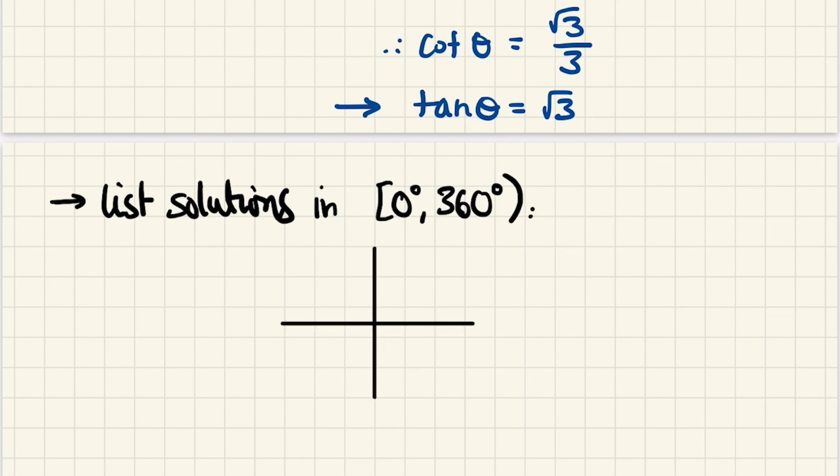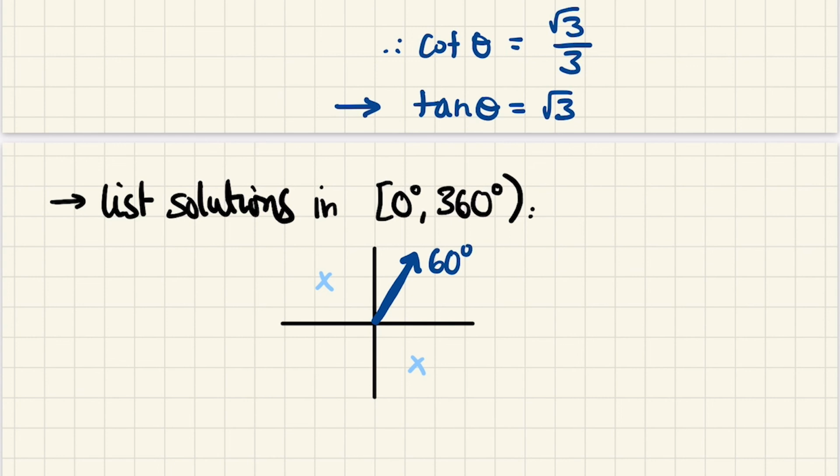Okay, so tangent of theta being positive here means that we're expecting a solution in the first quadrant, but not the second, and yes on the third, but no on the fourth. So let's put our attention on the first quadrant. What angle in the first quadrant has a tangent value of rad 3? Well, that's 60 degrees.